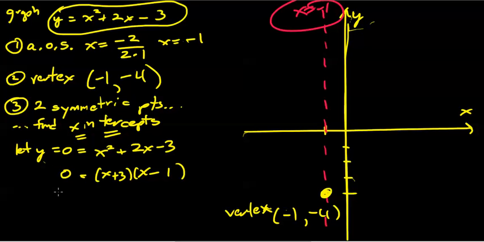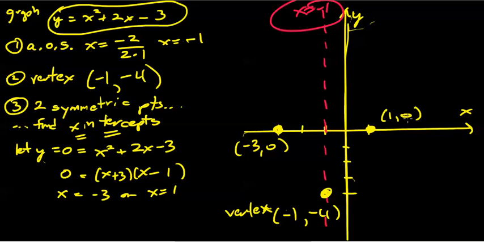So I get two solutions for my x-intercepts, x equals -3 or x equals 1. So I will now graph those x-intercepts. At -3 will put me here, and x equals 1 will put me here.